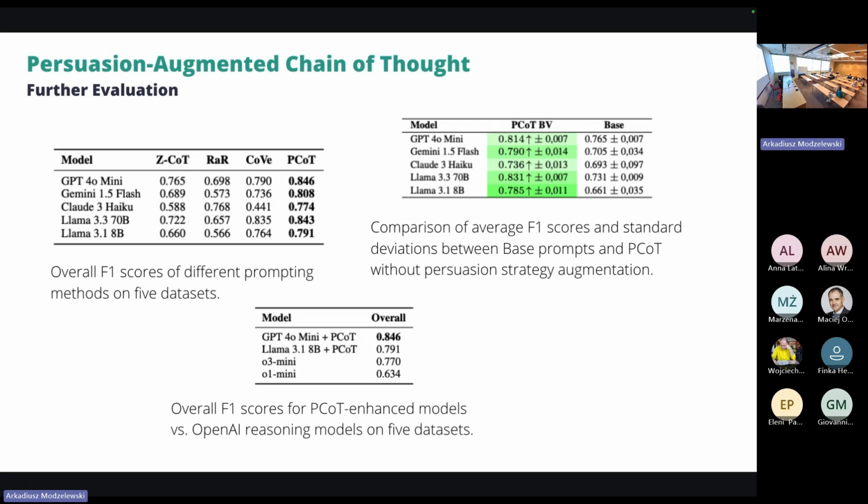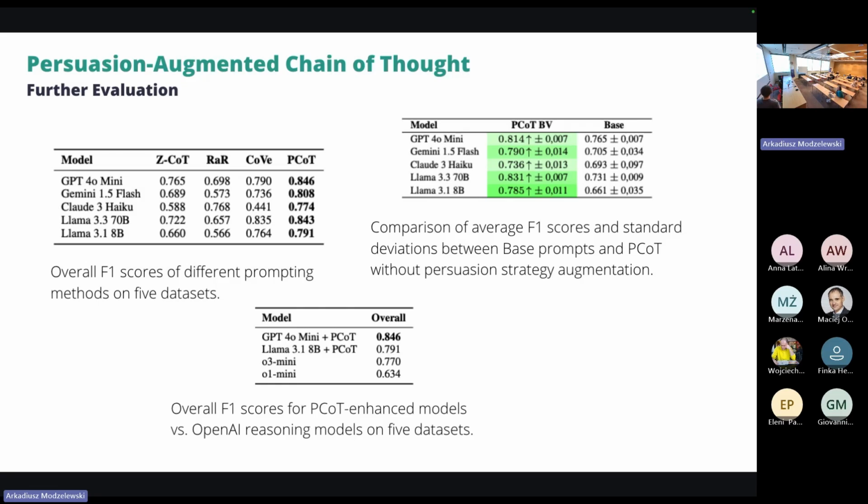Moreover, I wanted to do something like an ablation study to understand how persuasion influenced the detection of disinformation. So how does the improved knowledge which we pass improve the disinformation detection?